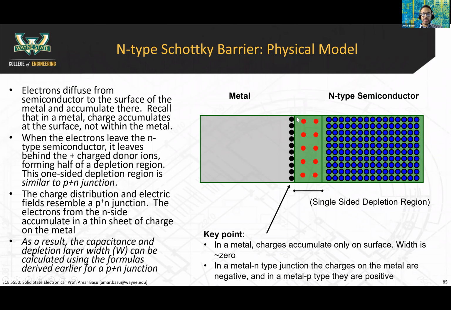Now, the difference here is that on the other side, you don't actually have a depletion region. You just have a buildup of negative charge, which is kind of interesting. You have a buildup of negative charge on the surface of the metal. You don't actually have a depletion region because you don't have dopants in the metal.